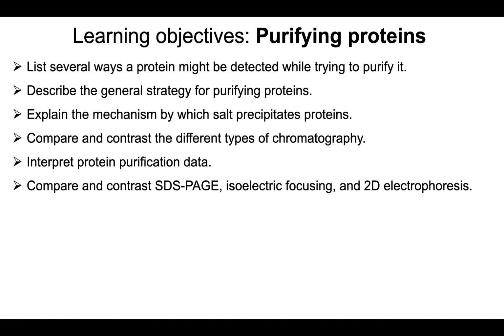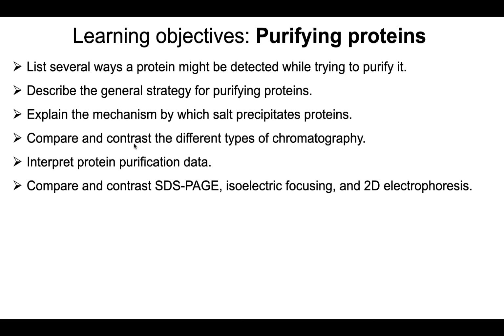Okay, so as a reminder, I want you to be able to list several ways that you can detect your protein of interest while trying to purify it. I want you to describe the general strategy for purifying proteins. I want you to explain the mechanism by which salt precipitates proteins and how you can use that to help purify proteins.